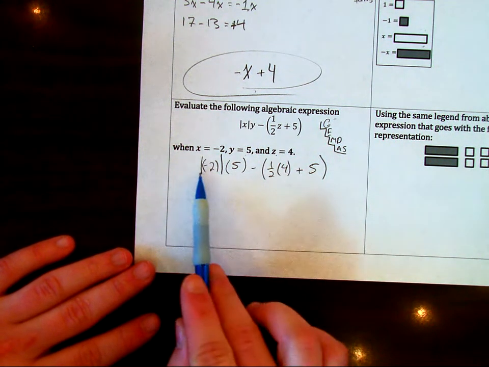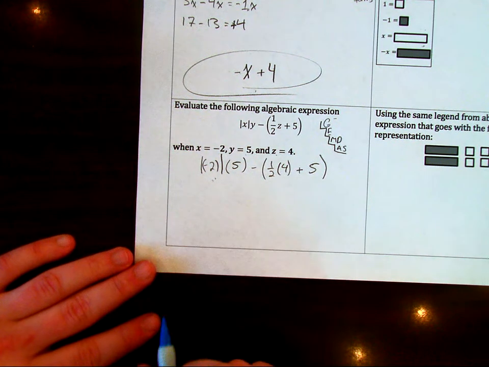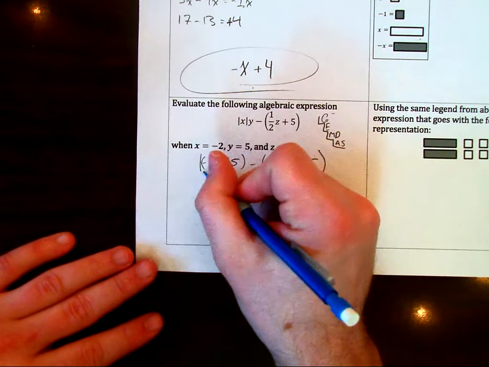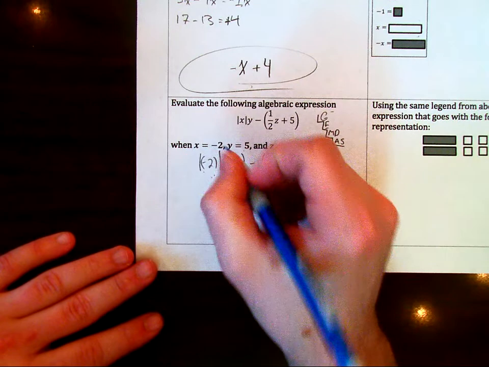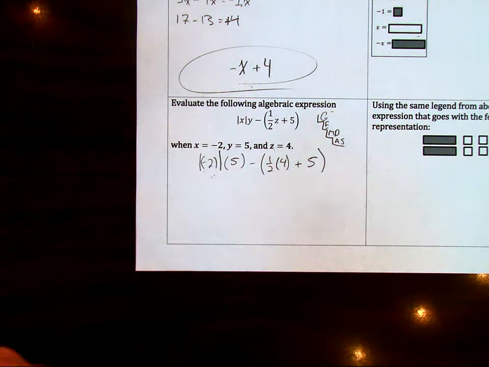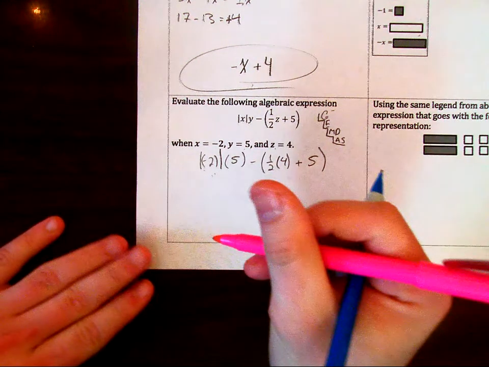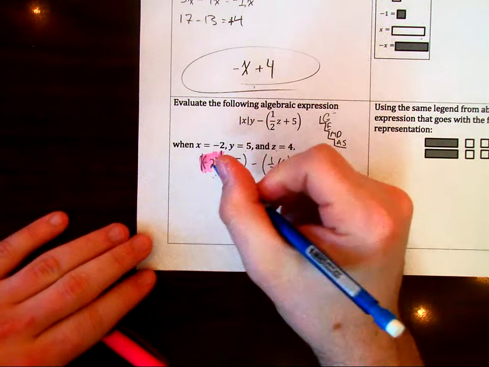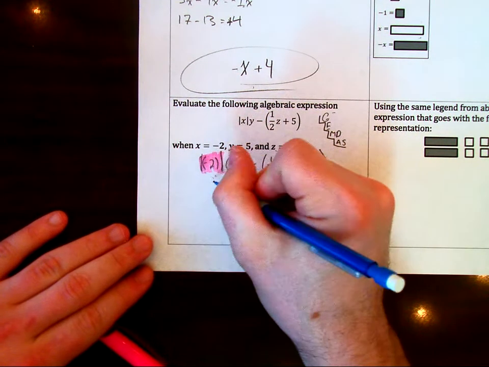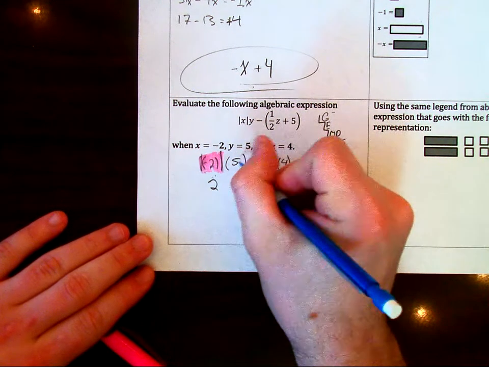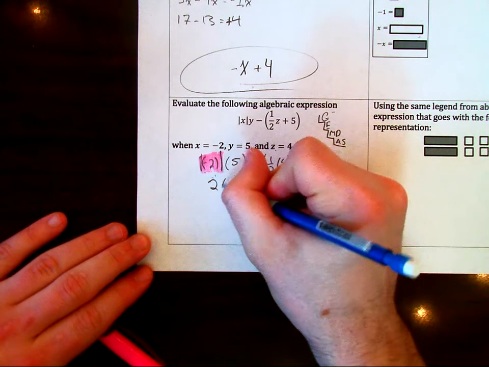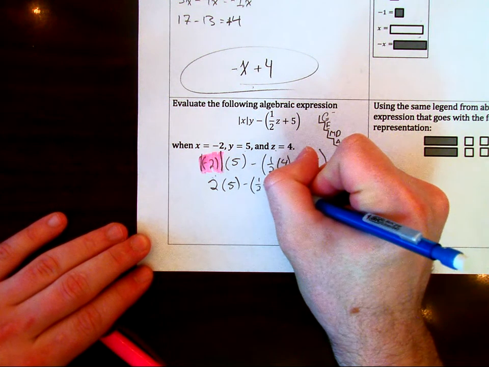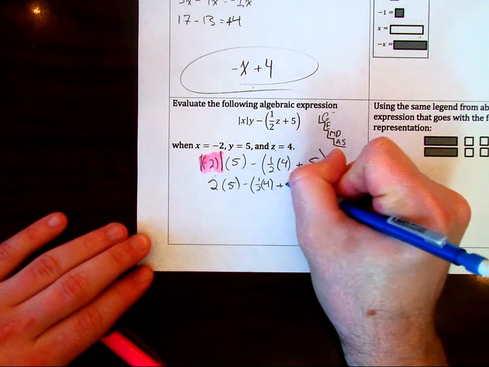The absolute value is going to be our grouping symbol on the left, and so we're going to do that first. I'm going to get used to highlighting the first thing I do. The absolute value of negative 2 is just simply 2. Everything else stays the same. And so we have 5 minus a 1/2 times 4 plus 5.